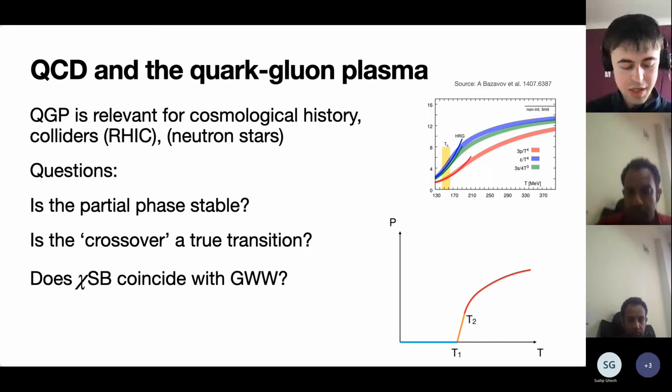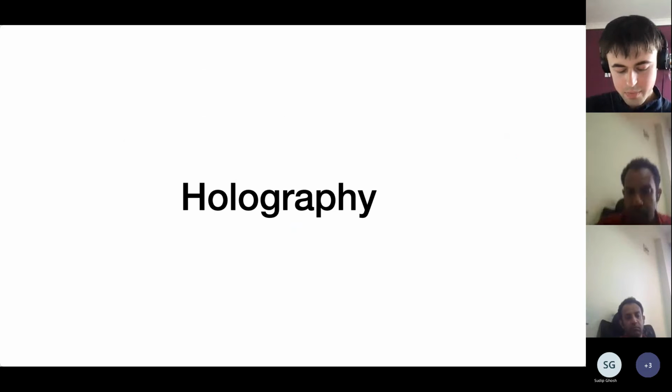And our question is, does the partial phase exist in this quark-gluon plasma, and if so, is it stable? We want to know whether the crossover is a true transition or not, and whether chiral symmetry breaking coincides with the onset of partial confinement and the Gross-Witten-Wadia point in QCD and the quark-gluon plasma.